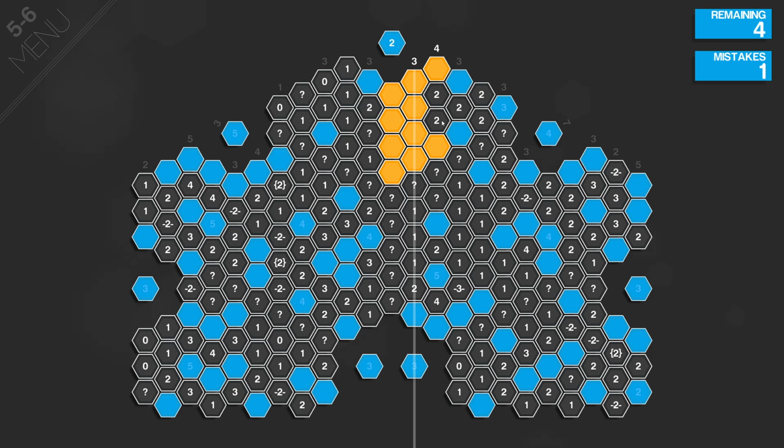And there's only 1 in this column as well. So it has to be something that completes the 4 and something that completes the 3 without over-prescribing on either of the 2s. So that's going to be this and this, or this and this, but never this.